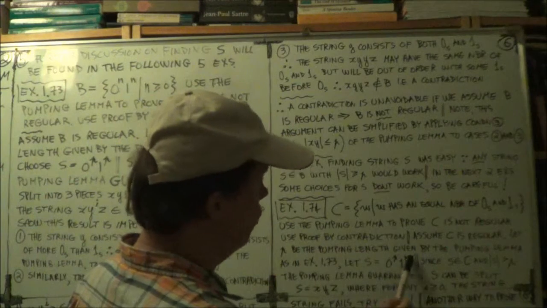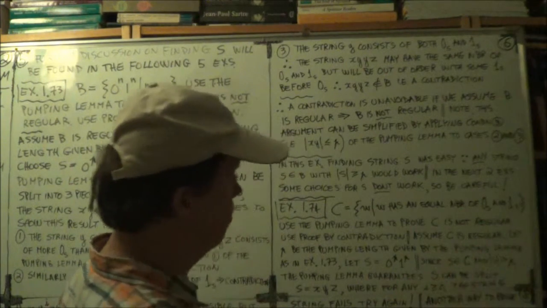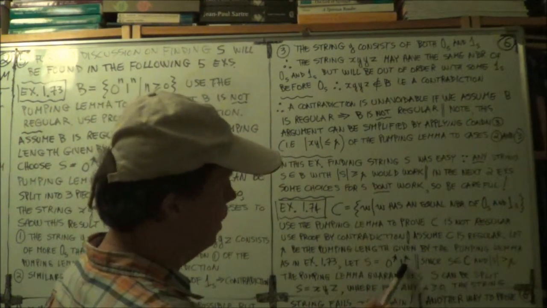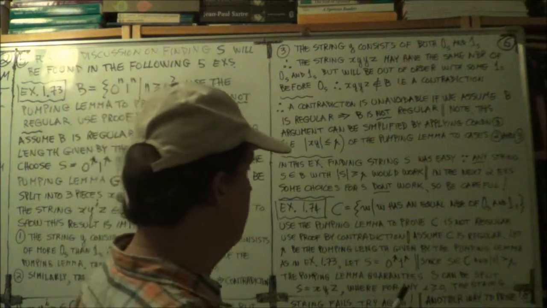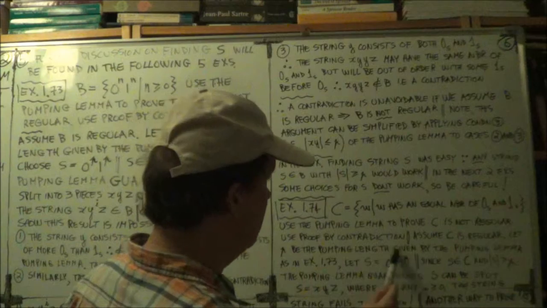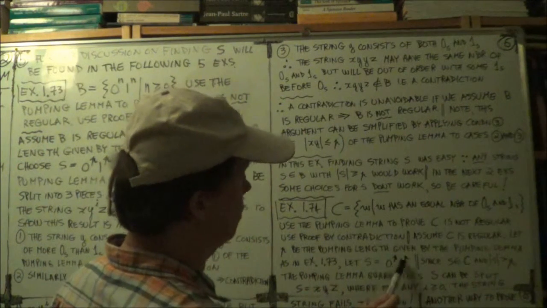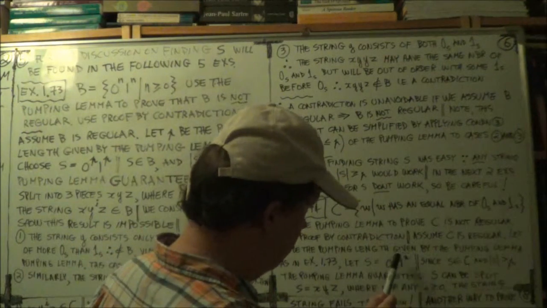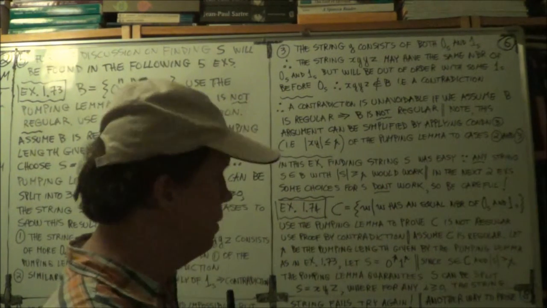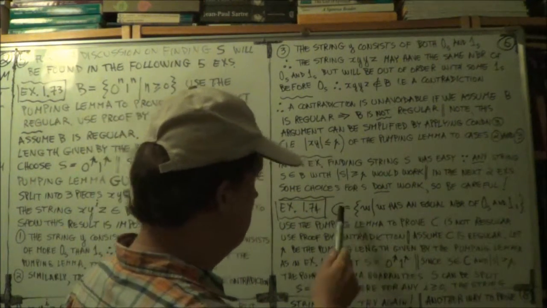Now this string satisfies the condition, of course, because we have P zeros and P ones, so the number of zeros and ones is the same. So this string S, which looks like this, is a member of C.